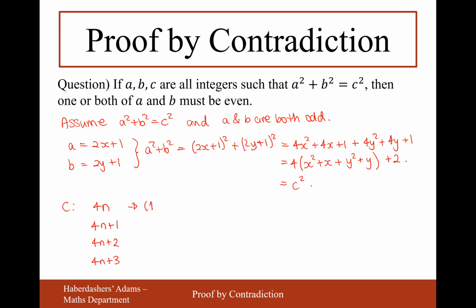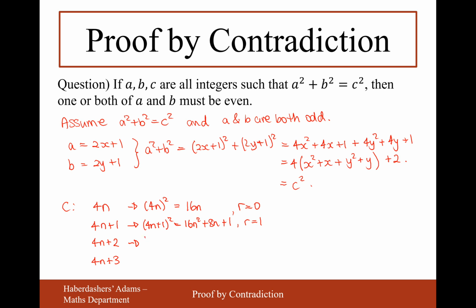When I do 4n squared, I'm going to get 16n squared, which is 0 more than a multiple of 4. When I do 4n plus 1 squared, I get 16n squared plus 8n plus 1, which is 1 more than a multiple of 4. So the remainder here will be 0, and the remainder here would be 1.